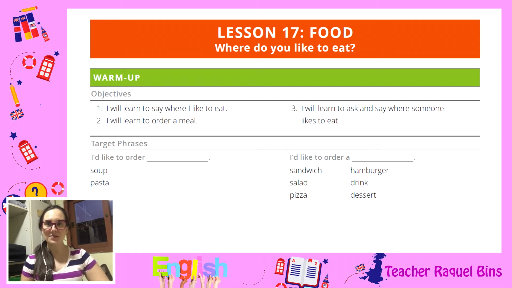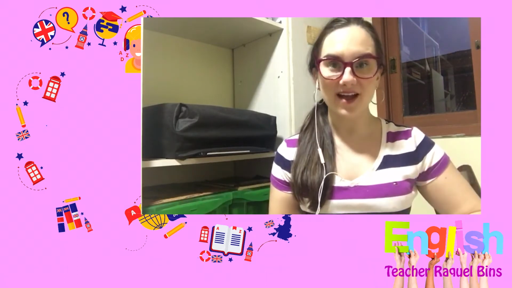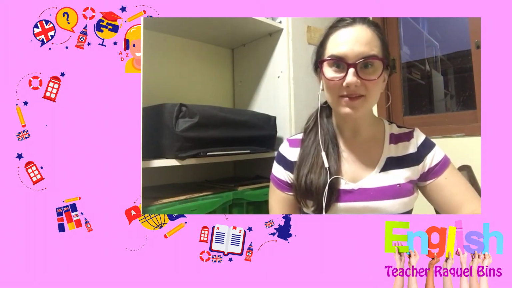These are the objectives. So, nós teríamos agora as target phrases. Mas essas target phrases, it's for reference only. É somente para referência, ok? Then, we have vocabulary. Let's repeat the vocabulary, ok?